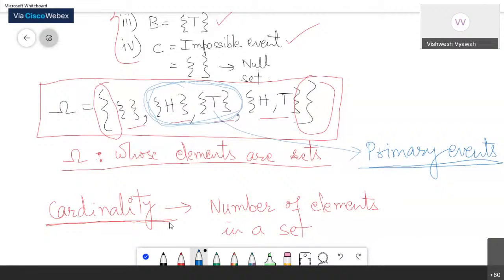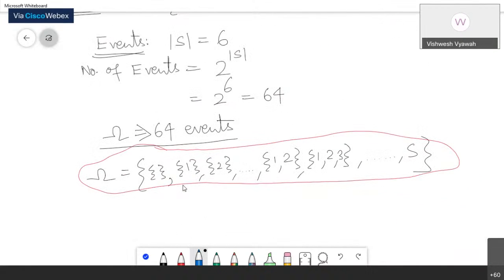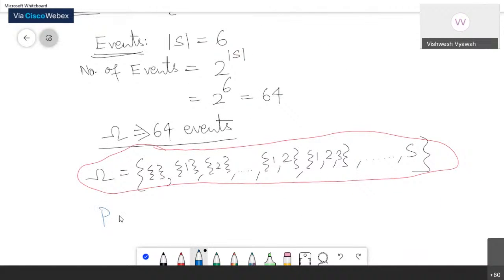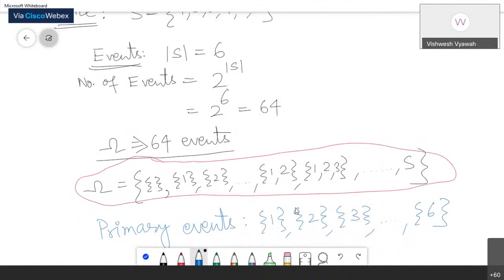So in this case, what are the primary events? Primary events are when you consider a subset of S where only one element is there. Okay, so {1}, {2}, {3}, up to {6}. These are your primary events.